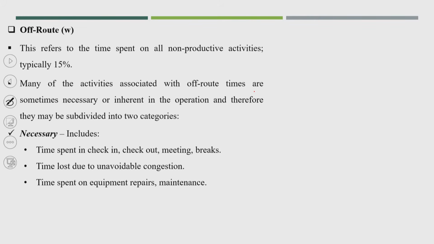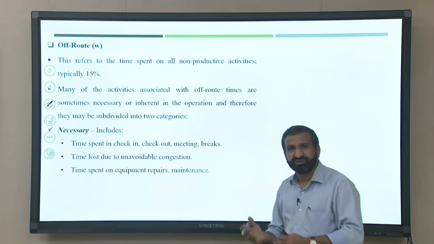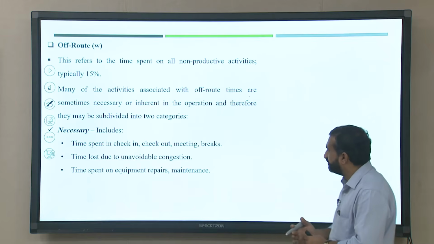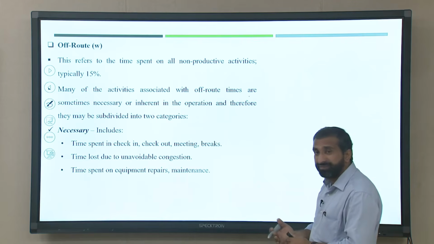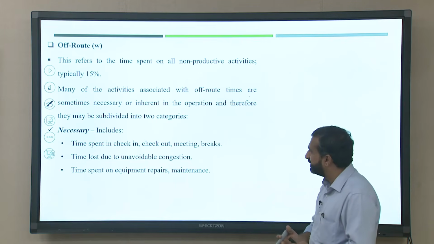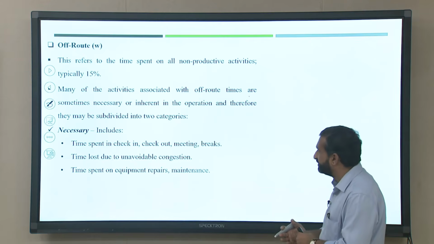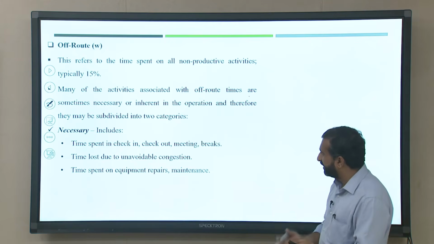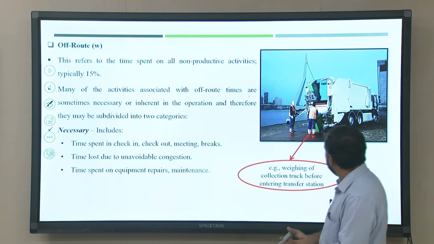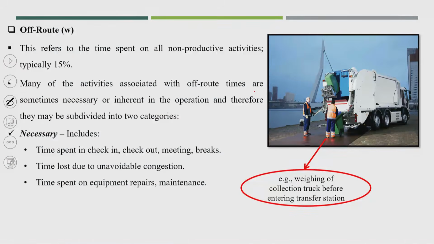Also, time is lost due to unavoidable congestion, possibly because of traffic issues, and time is spent on equipment repair and maintenance. These are all necessary activities during the collection, and like you see here, the weighing of the collection truck.